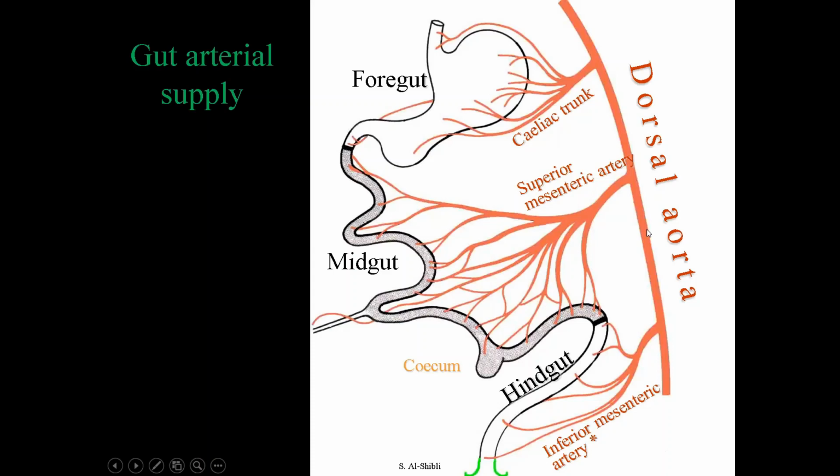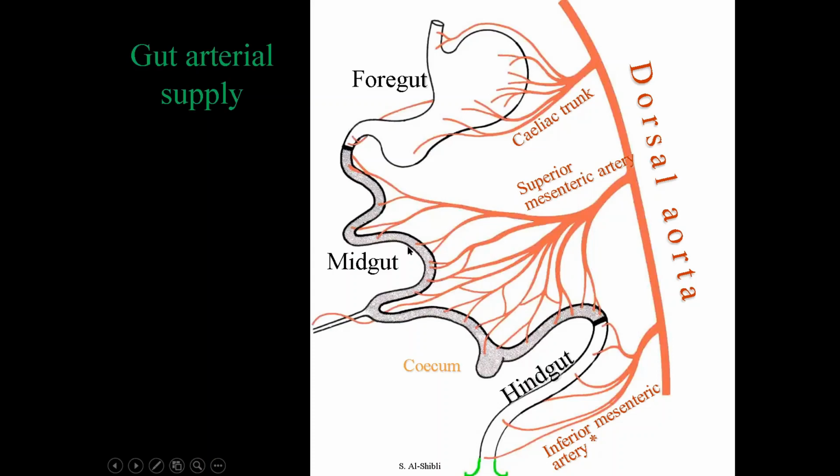And by knowing this, you can easily identify all the things related to any structure of the GIT. Like, if you are talking about, let us say, the appendix, what is the blood supply of the appendix?